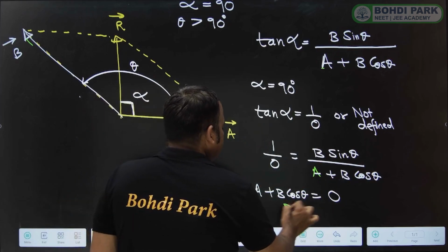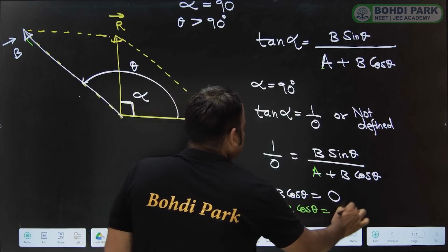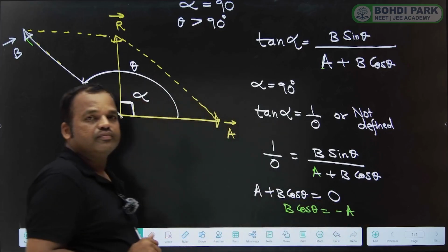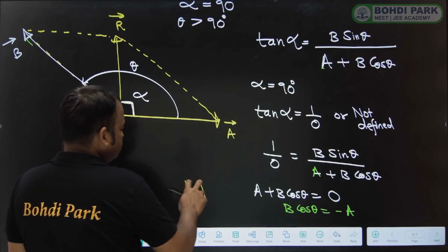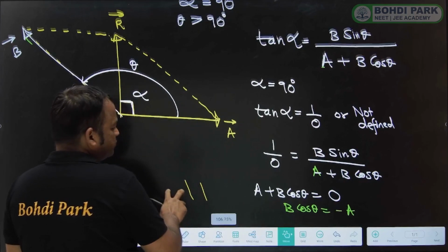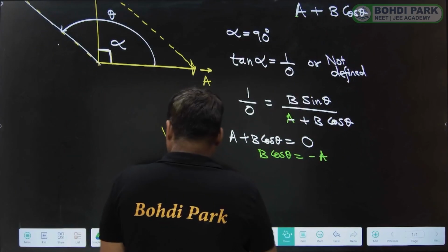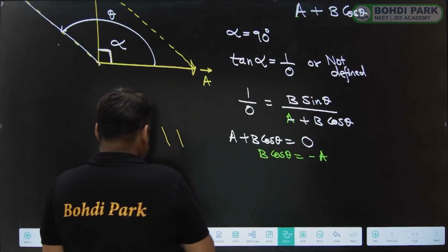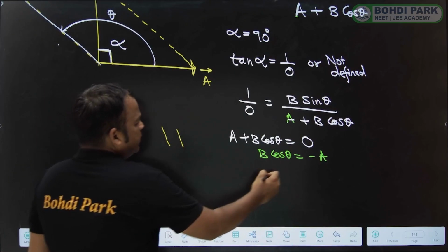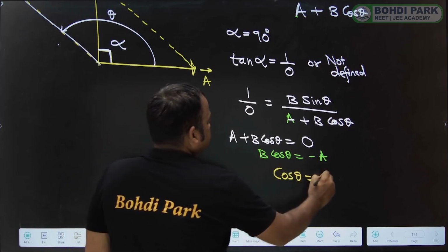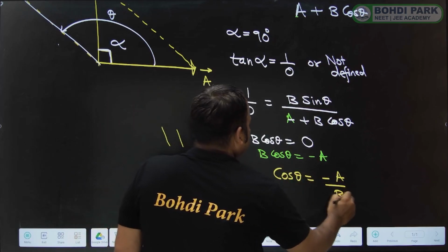So we have b cos theta is equal to minus a. Then we have cos theta is equal to minus a by b.